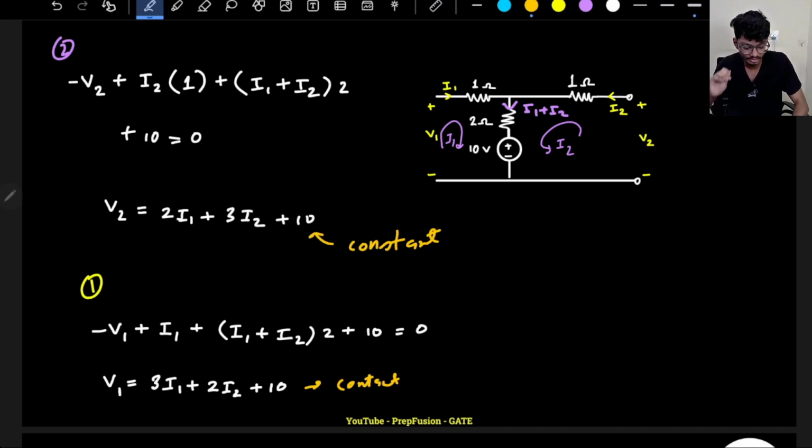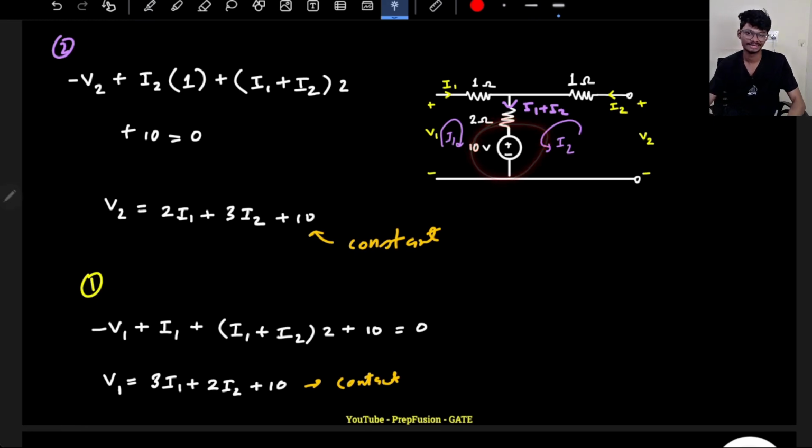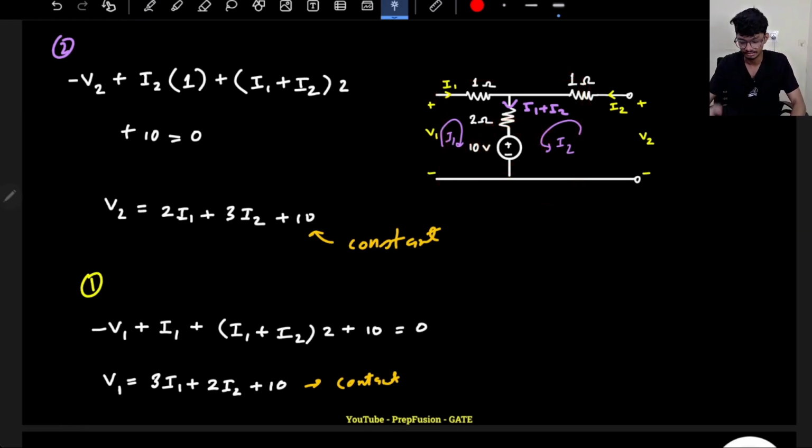So Z parameter cannot be determined for non-linear networks. So this is a non-linear network because I have a source inside the network. This is my network, and inside the network I have a source, so it becomes non-linear.